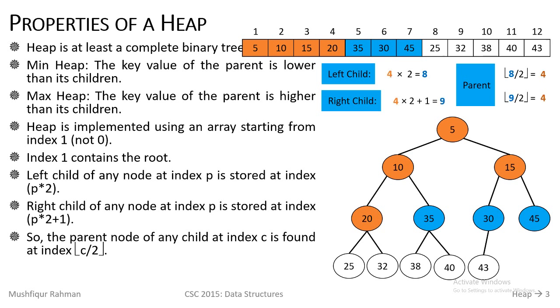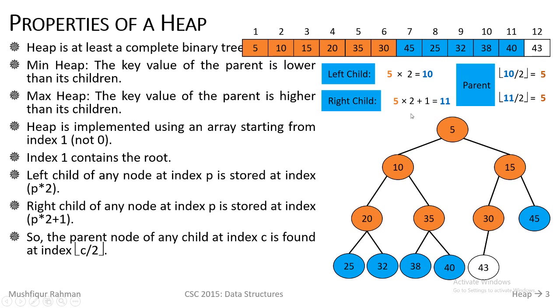Now it is index 4, which is 20. 20 is our next parent. The left child is 4 times 2, which is 8, so index 8 is 25, and index 9 is 32. Next is 35 at index 5 as our parent. 5 times 2 is 10, so index 10 is 38 and index 11 is 40.